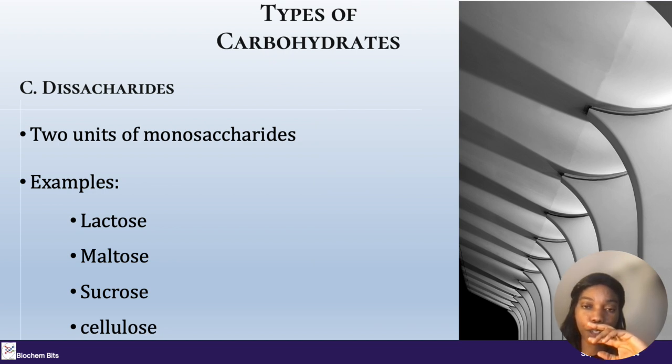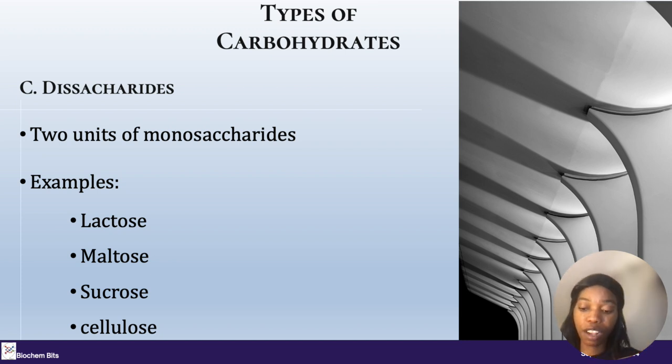next slide, which talks about the different types of carbohydrate, now focusing on disaccharides. Disaccharides contain 2 units of monosaccharides coming together, and there is a linkage between these units. This linkage is generally called the O-glycosidic linkage. Examples of disaccharides that we're familiar with are lactose, which we have in our milk, maltose, which we have in most of our starchy foods, sucrose from beets or cane sugar, and also cellulose.